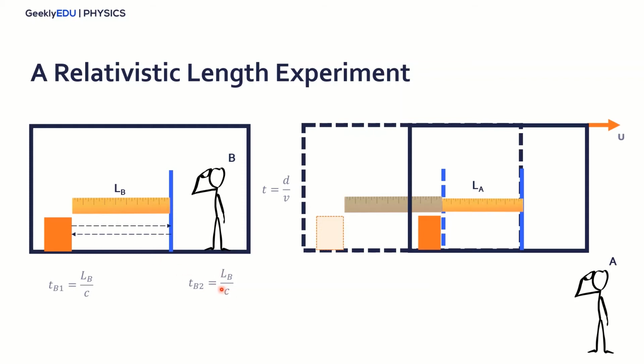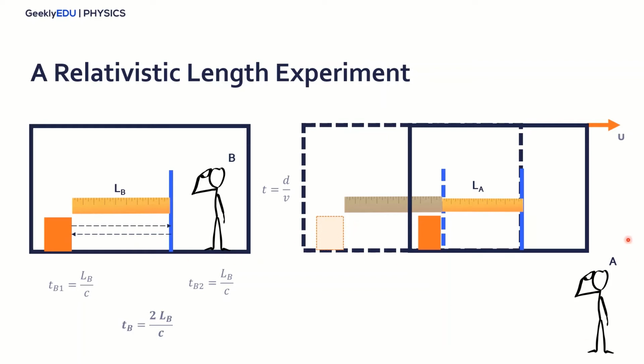So it's LB over C. So the total time he measures is 2 times LB over C, the time it takes to go and to come back. Okay, very good.